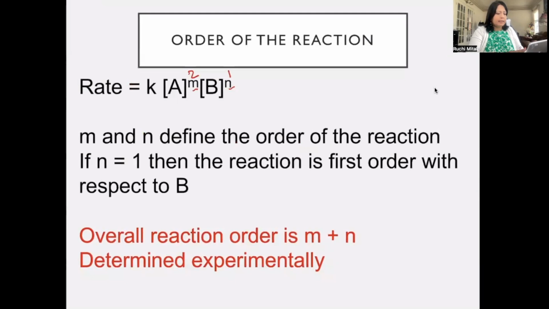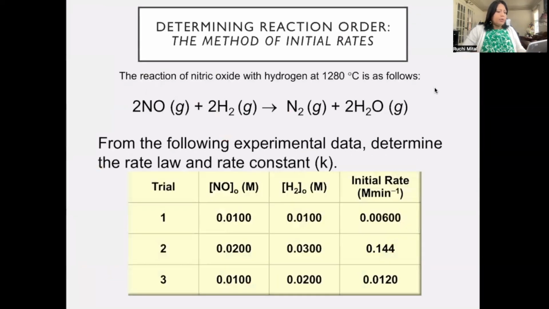Very basic understanding. So now, as we said, the rate law can only be determined experimentally, right? So if this equation is given to you and we are asking you to write down the rate law and find the rate constant, you would be given this data. These two are your reactants over here, and you are given the initial rate.